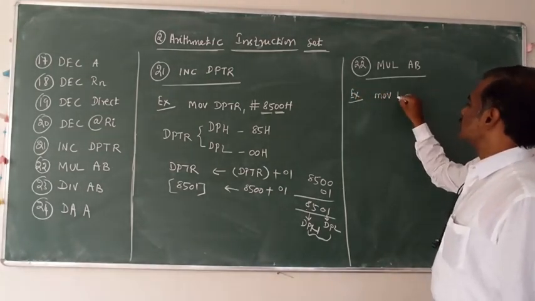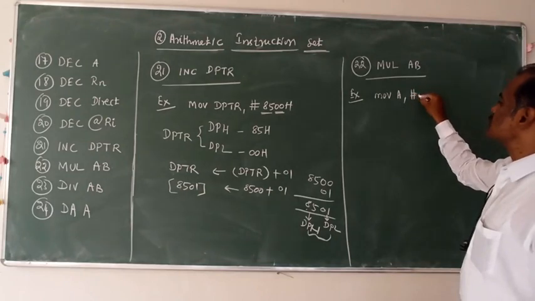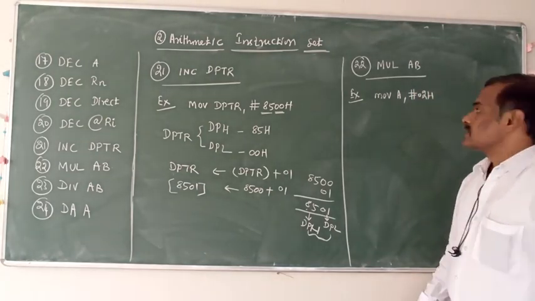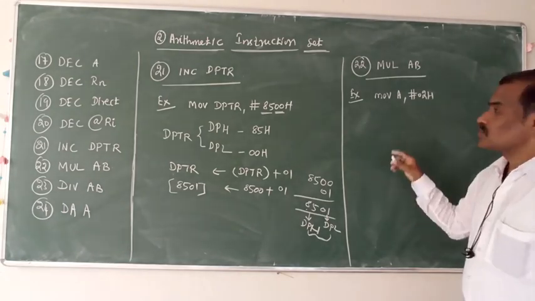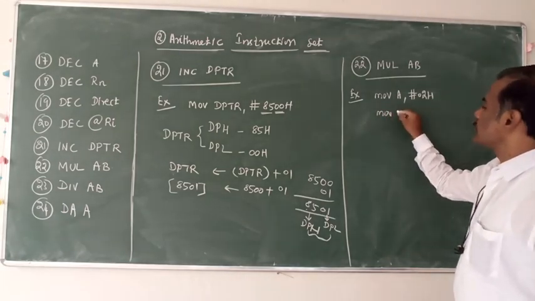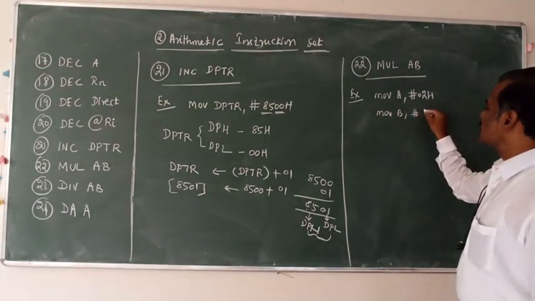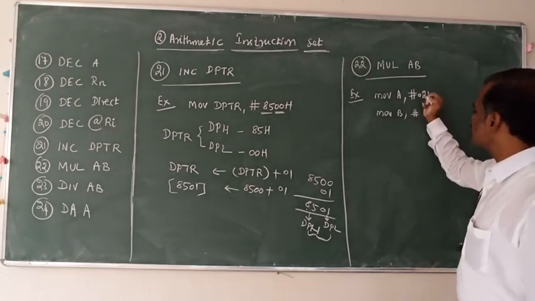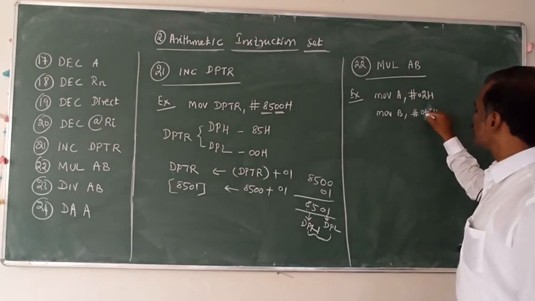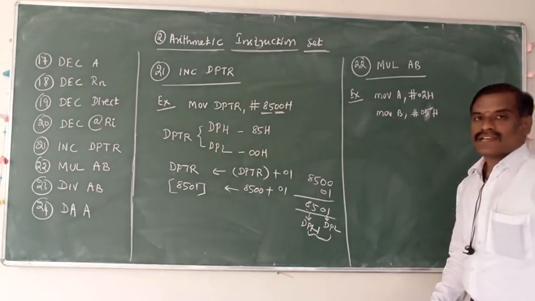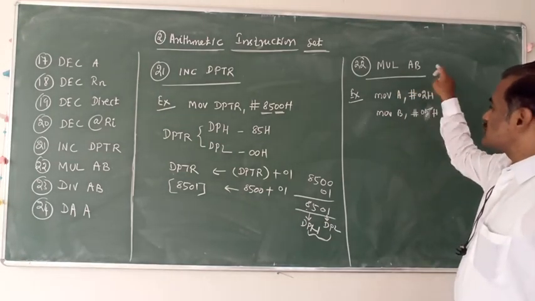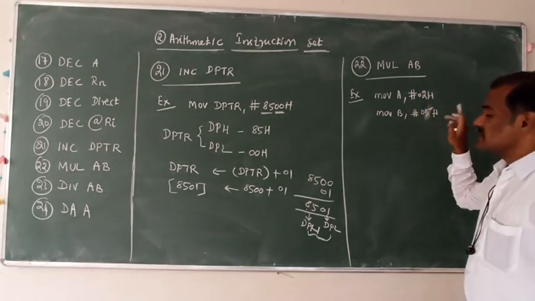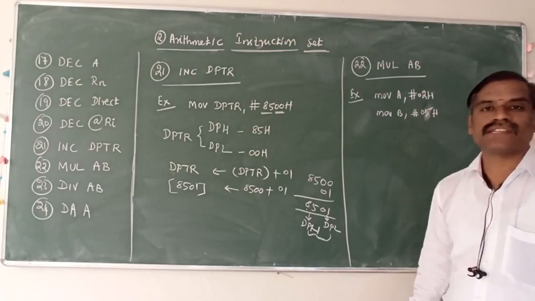Example: MOV A, #02H. MOV B, #05H. Multiplication means data 1 is always in the accumulator, and the second data is in the B register, not some other register.